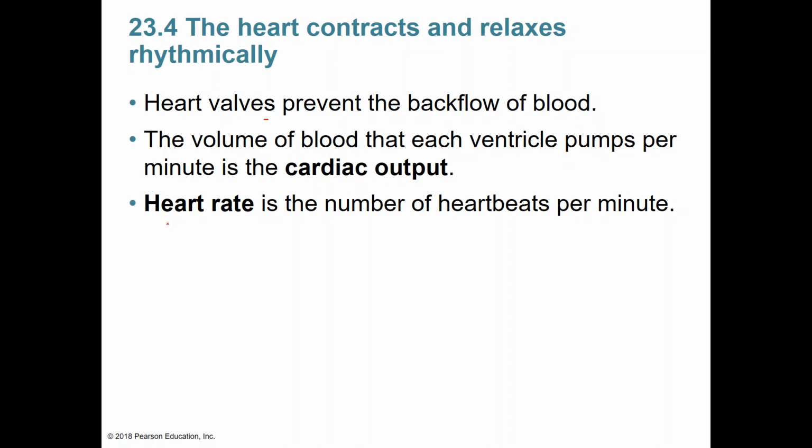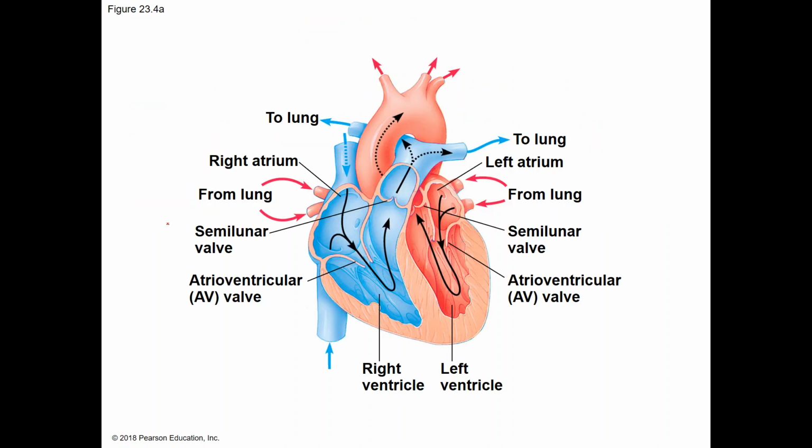Okay, so this is just another image showing how the blood flows through the heart. We talked about how the blood flows from the capillaries and arteries and veins back to the heart, but it actually flows through the heart as well.